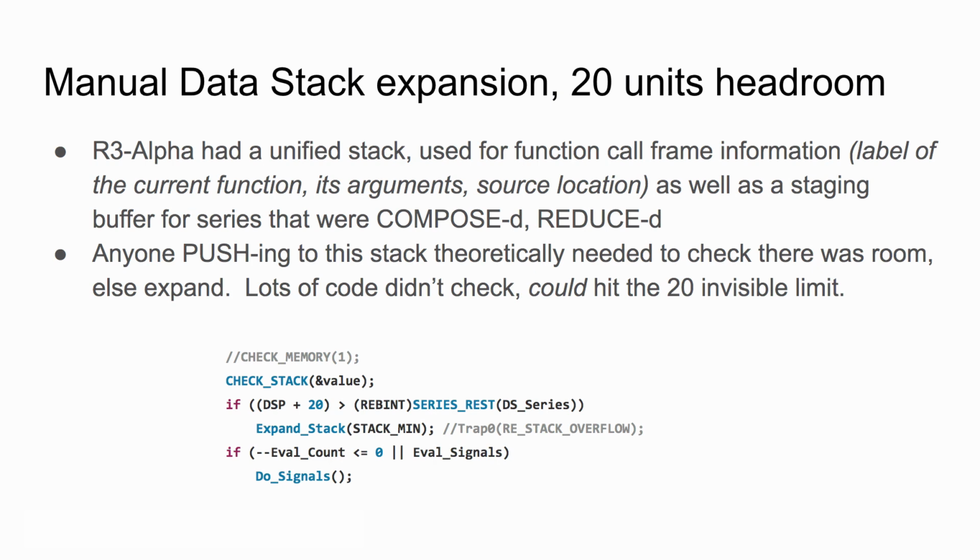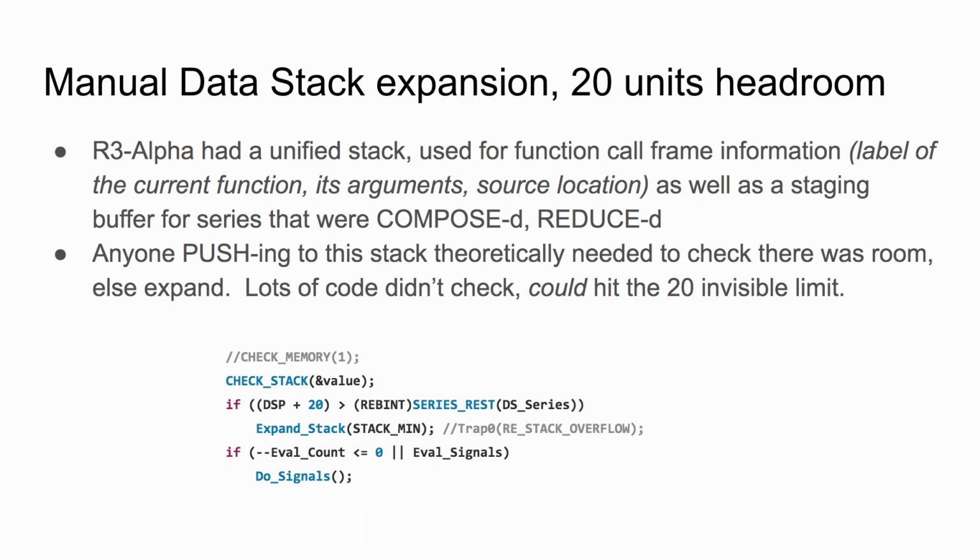And if not, you'd have to reallocate it. To make it easier to write natives, each function call had to just bump the count by 20, so that you weren't in every native having to worry about how much stack space you had, as long as you only used a little bit.